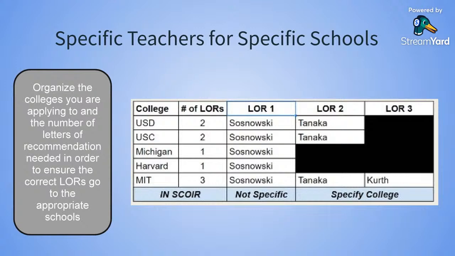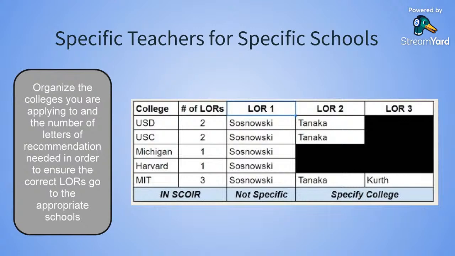So this is just an example. And again, these numbers are not necessarily accurate. In this example, if Michigan and Harvard only accepted 1 letter of recommendation, but MIT accepted up to 3, this particular student knew that Mr. Sosnowski, and they wanted his letter of recommendation to go to every single college. So they left his as not specific or general.